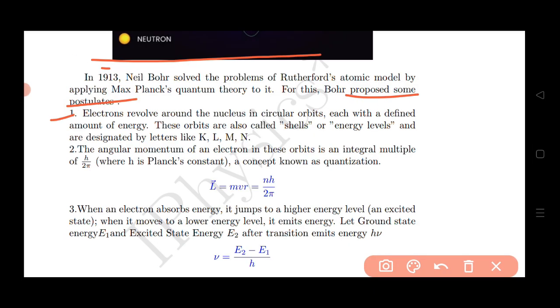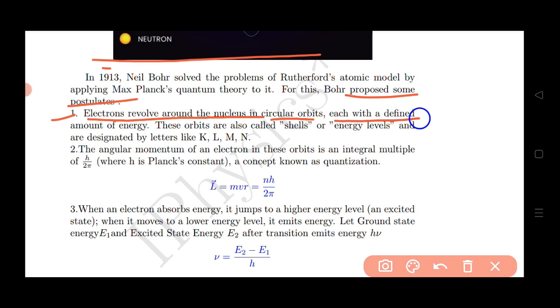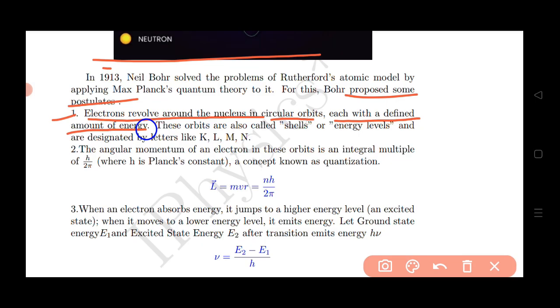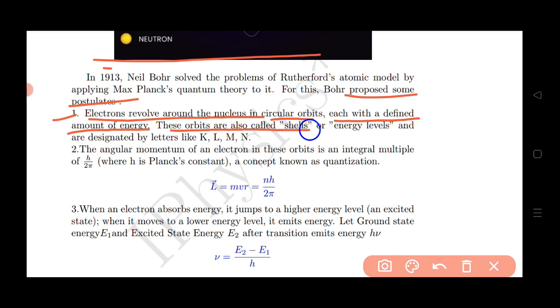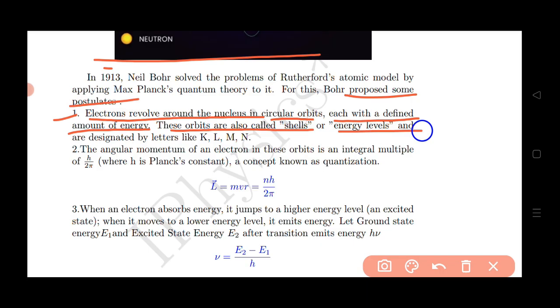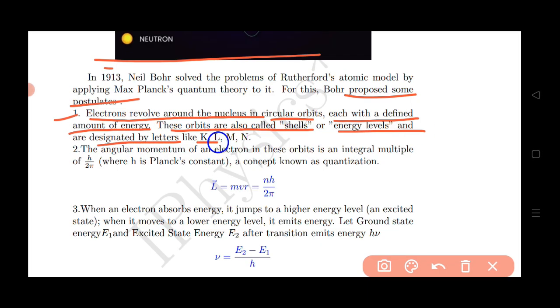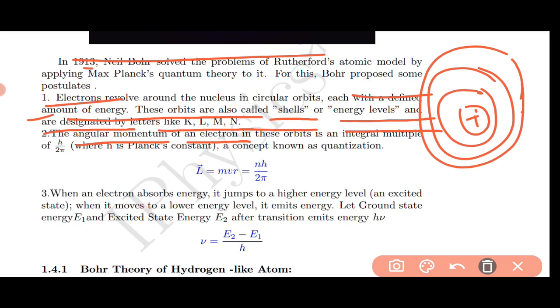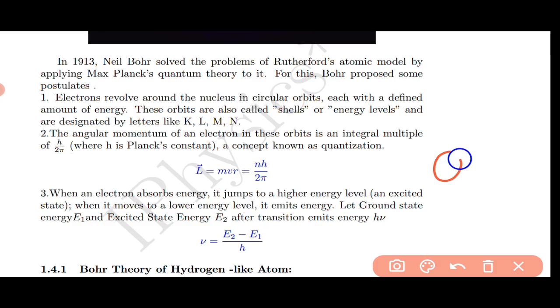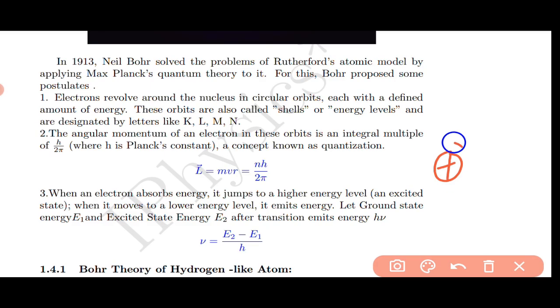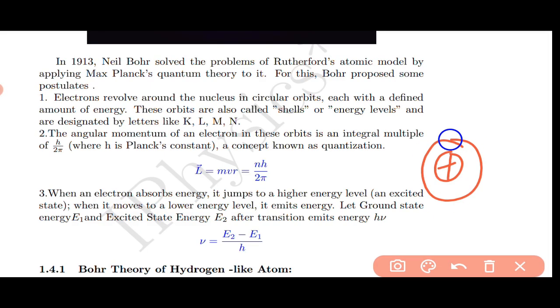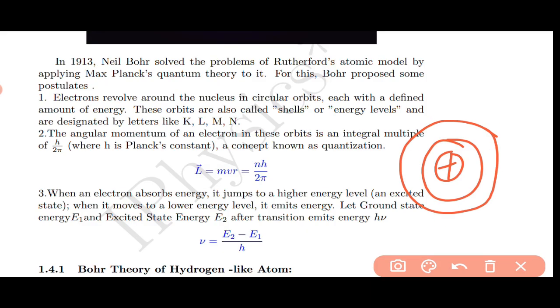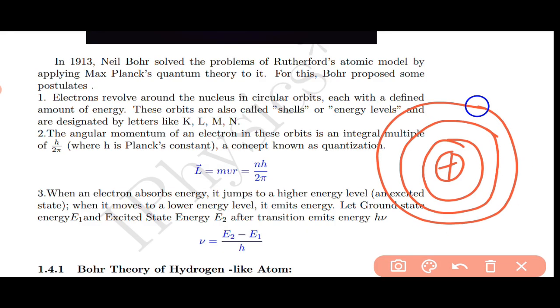Bohr's first postulate: electrons revolve around the nucleus in circular orbits, each with a defined amount of energy, and these orbits are also called shells, or energy levels, designated by K, L, M, and N. Suppose this is the nucleus, and electrons revolve in these orbits, called shells.